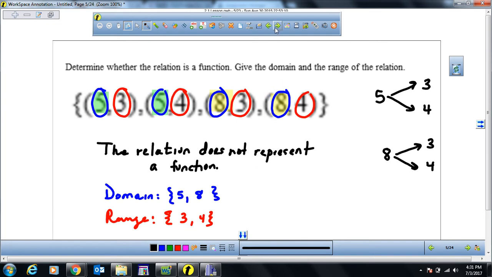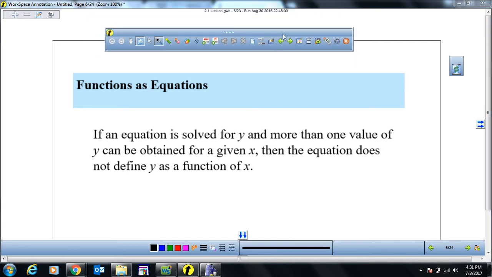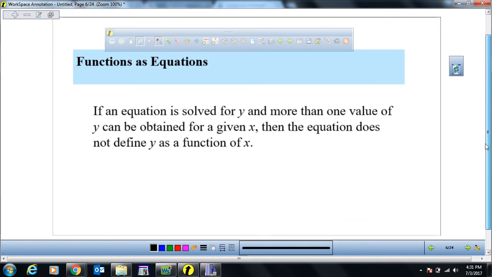Now let's take a look at the next definition. How do we determine that an equation is actually a function? If an equation is solved for y and more than one value of y can be obtained for a given x, then the equation does not represent a function.